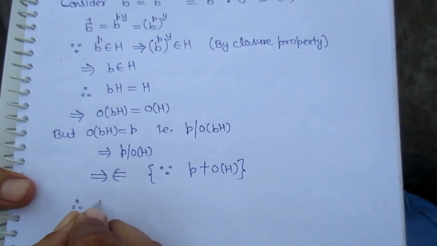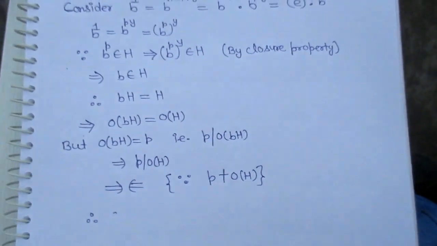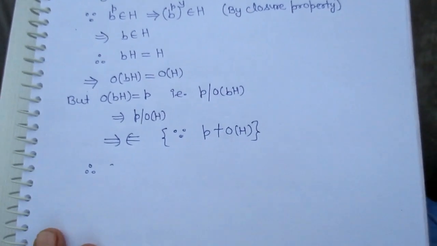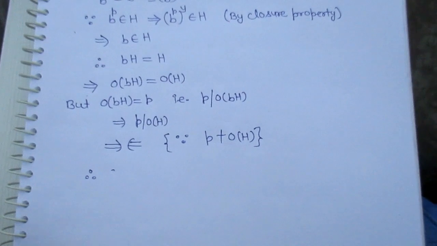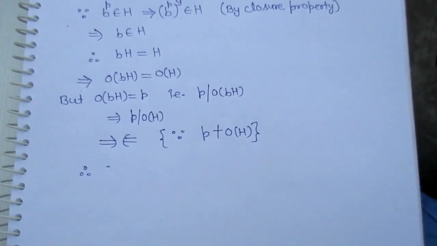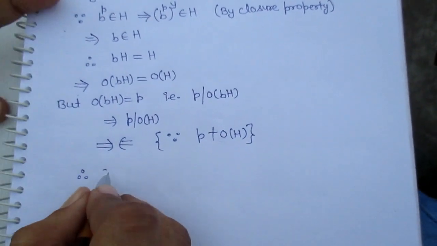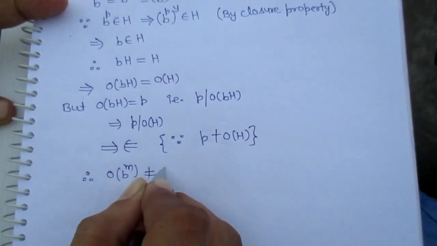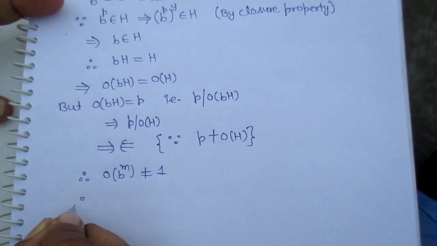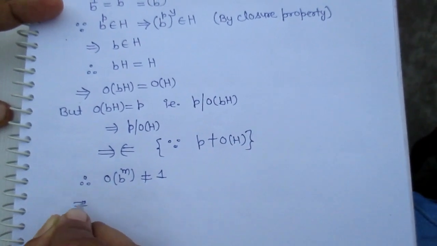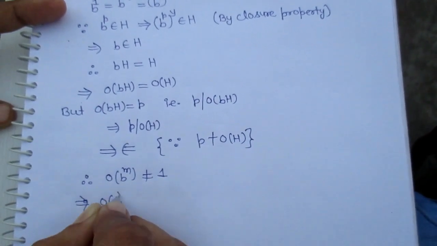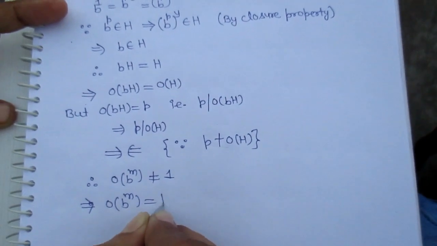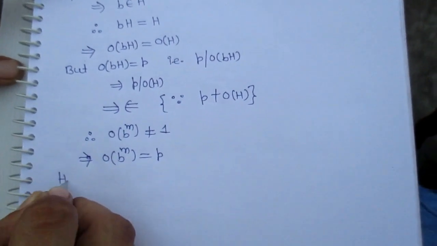ये कॉन्ट्राडिक्शन किस वजह से आई है? क्योंकि हमने माना था order of b raised to power m is equal to 1. इसका मतलब क्या हुआ? Order of b raised to power m is not equal to 1. तो इसका मतलब क्या हुआ?